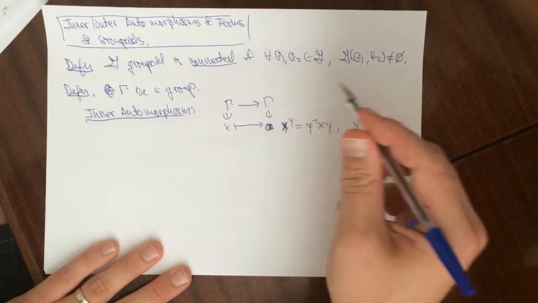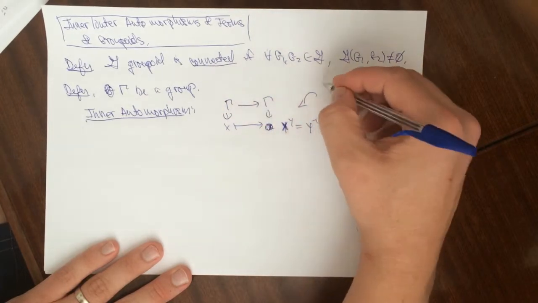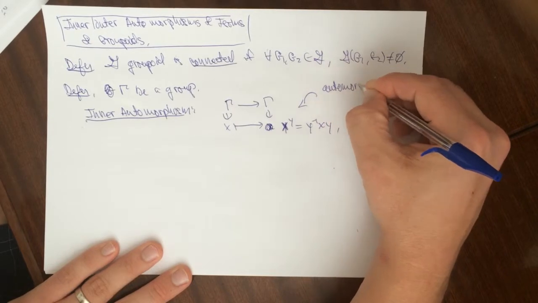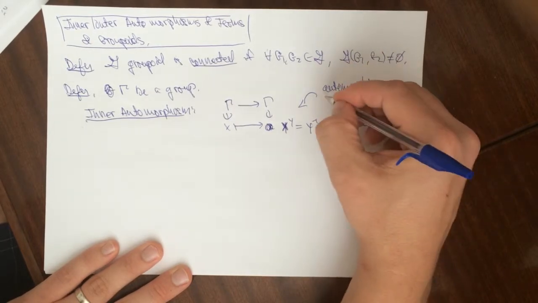So this is an operation by conjugation. So an automorphism coming from conjugation.